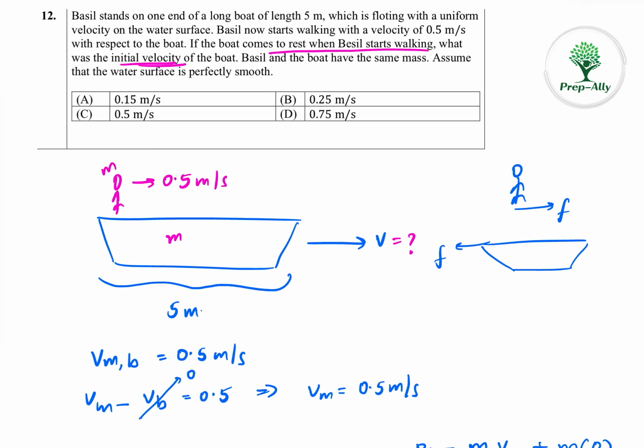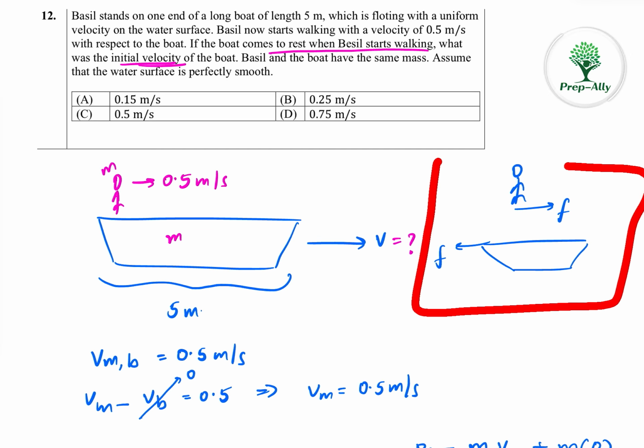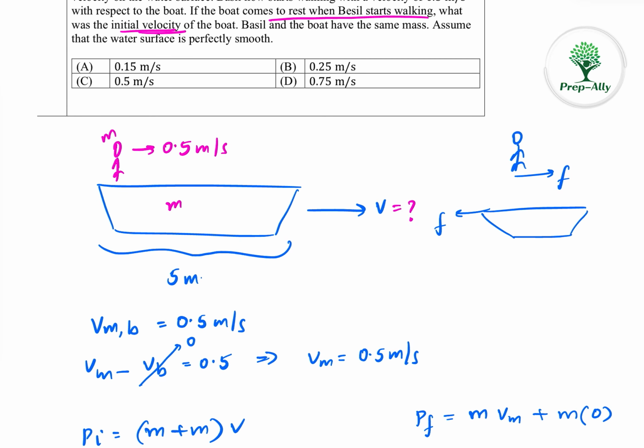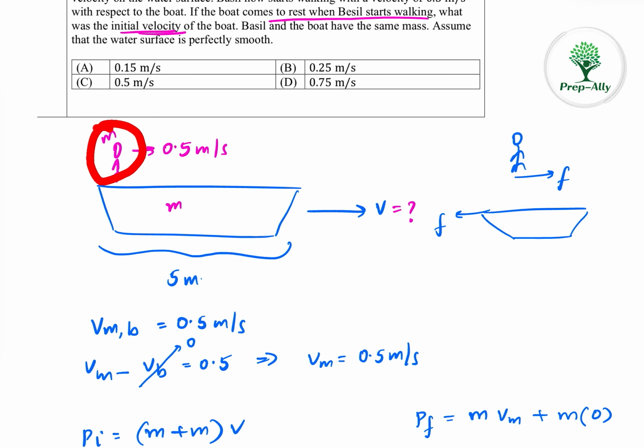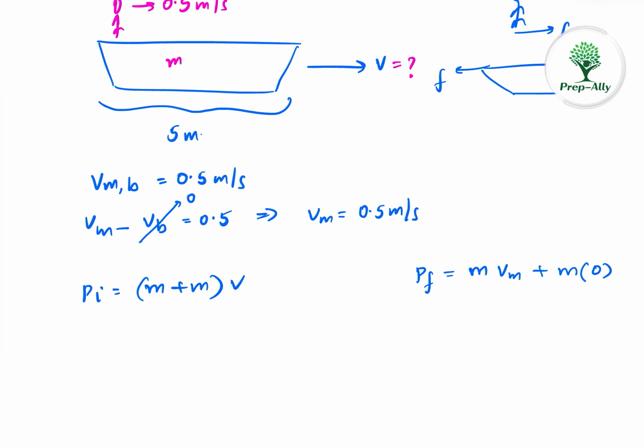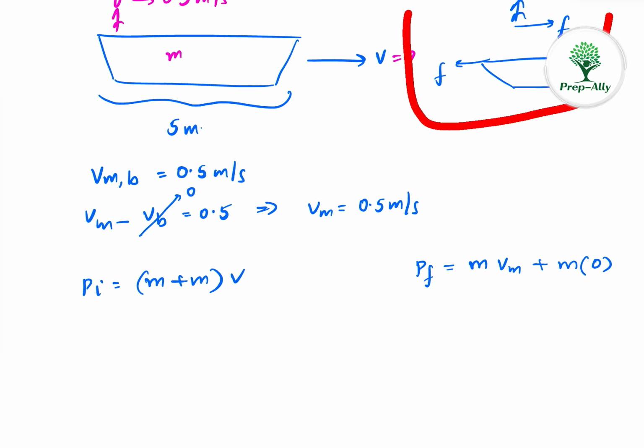But on the system as a whole, the net force is 0. So we can conserve momentum for the whole system. We are not conserving momentum for the man or the boat separately.